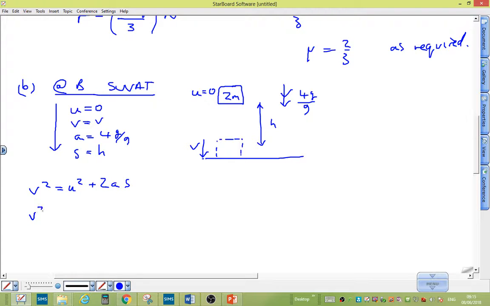So v squared is equal to nothing squared plus 2as. I'm going to double that, which gives you 8g over 9 h. So my velocity just before it hits the ground is the square root of 8gh over 9. I'm going to leave it as that, metres per second. Okay, so make sure you're setting it out like this with your sense of direction.